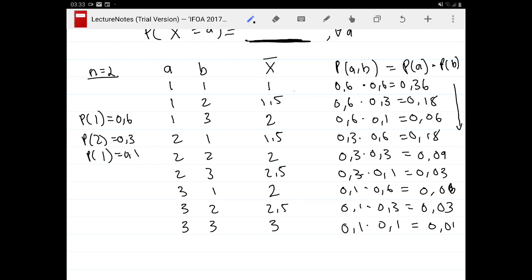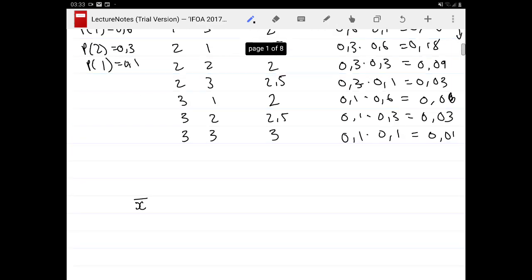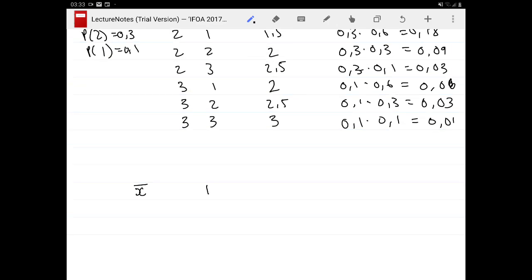Well, it can be 1, 1.5, 2, 2.5, and 3. And then we just need to give the probabilities associated with these particular outcomes of our sample mean. So we're giving you the probability that X bar is equal to our little x bar.